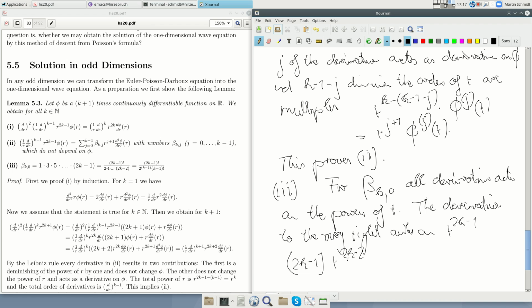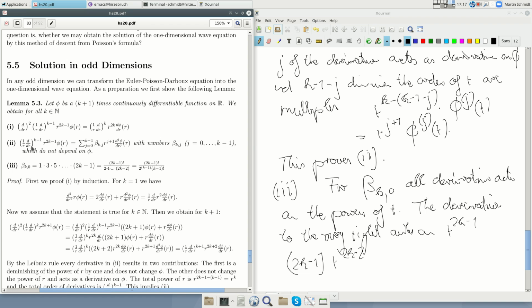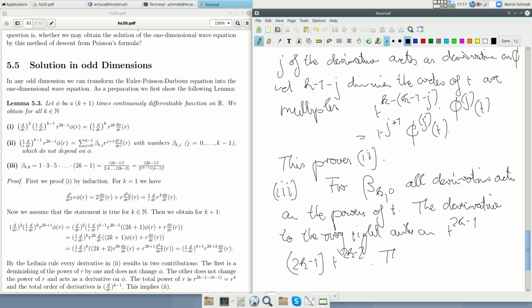Okay, but the power is not interesting. Now the next derivative: it acts on which power of r?